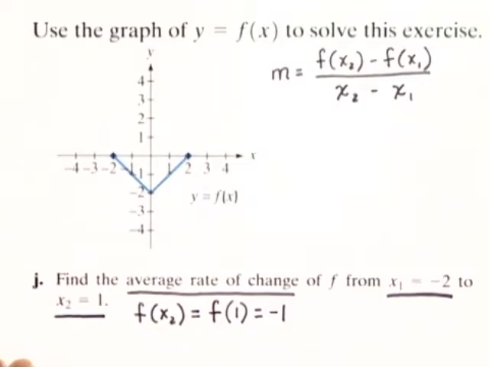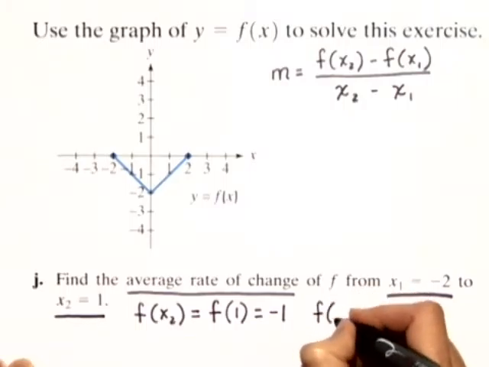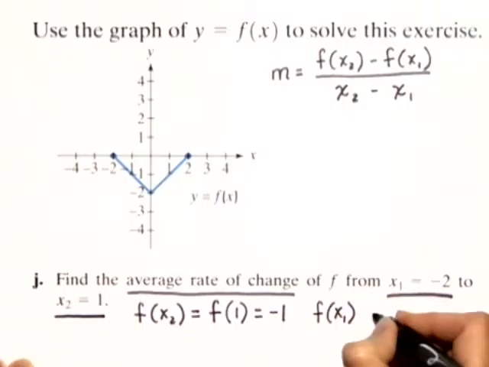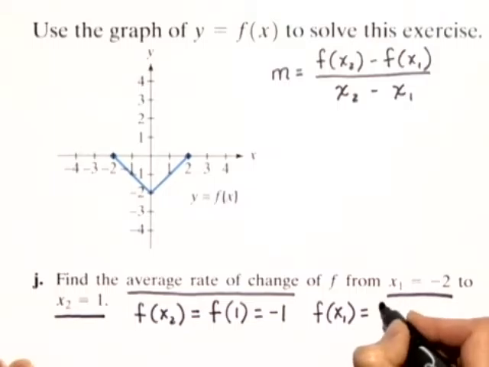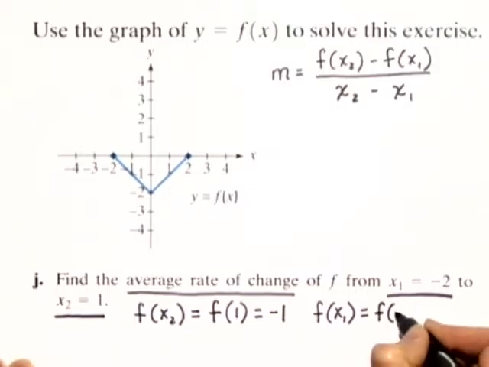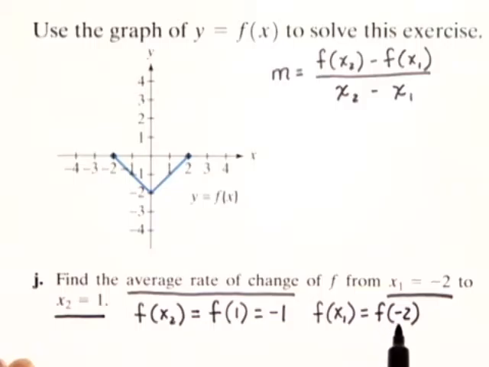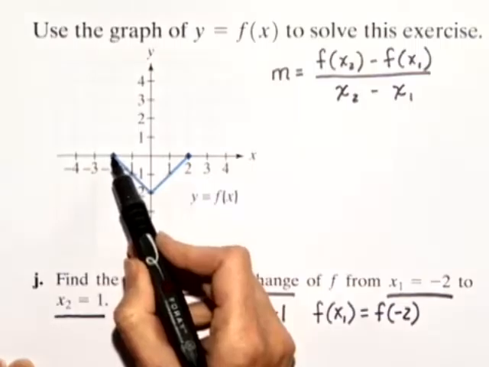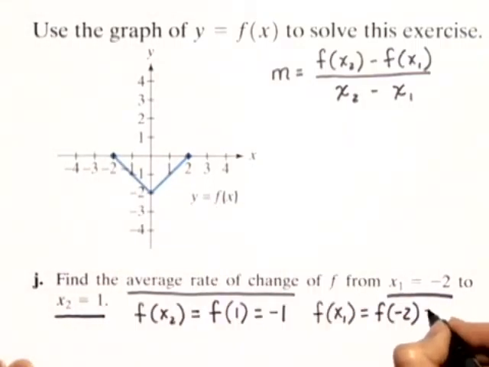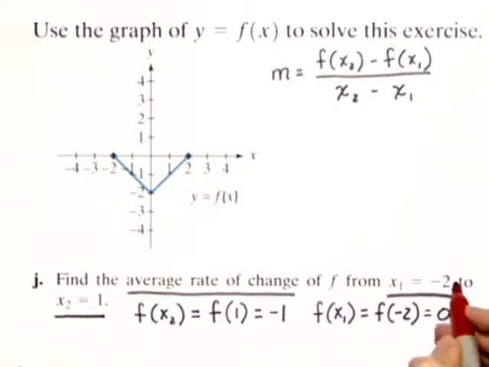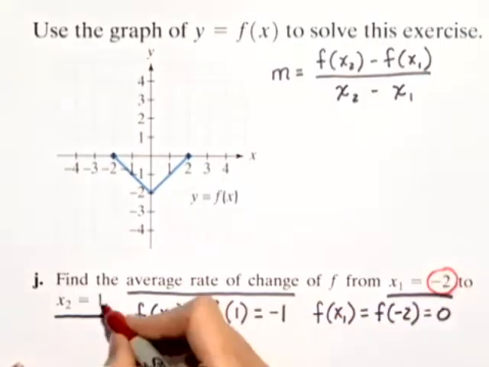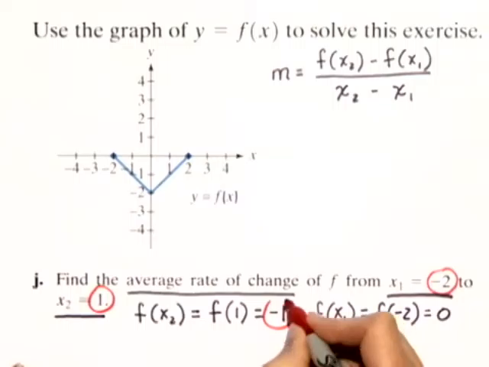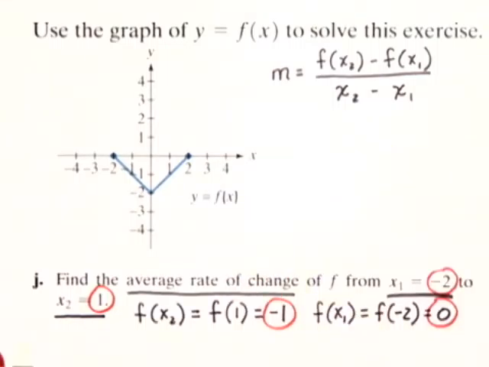Let's also find f of x sub 1 before we start the problem. f of x sub 1 is really f of negative 2, since x sub 1 is equal to negative 2. What is the function value at negative 2? When x is negative 2, the y value is just 0. So now we have 4 different values to put into our equation.